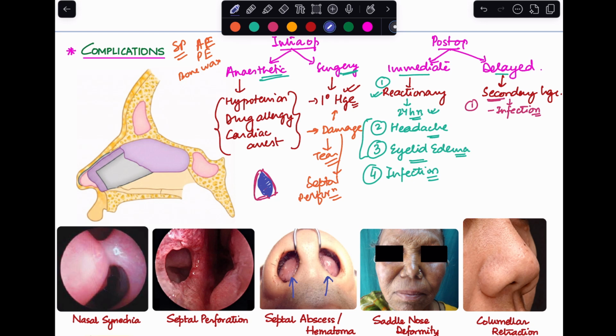If we look at the third image over here, we can see that there is a bilateral septal swelling. Now, this is the collection of blood between the cartilage and the mucoperichondrium. And this can even occur when the flaps have not been approximated properly after surgery. So you'll see this smooth fluctuant swelling, which is blocking both sides of the nose. This is your septal hematoma.